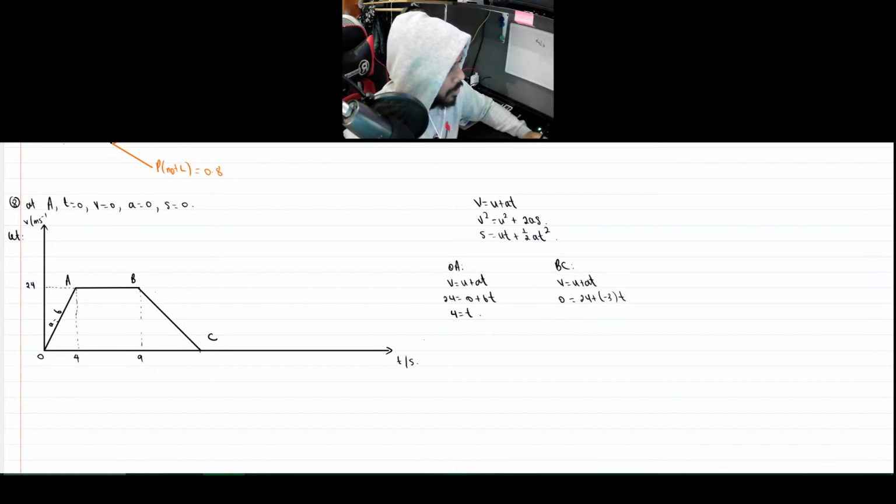I'm moving the 3t across to make life easy. And t is equal to 8. Now from B to C, my time is 8. So this here will be 9 plus 8, which is 17. So my acceleration here is -3 meters per second squared. My acceleration here is 0 meters per second squared because there was no change in velocity. Now let's write over the acceleration for the first part here.